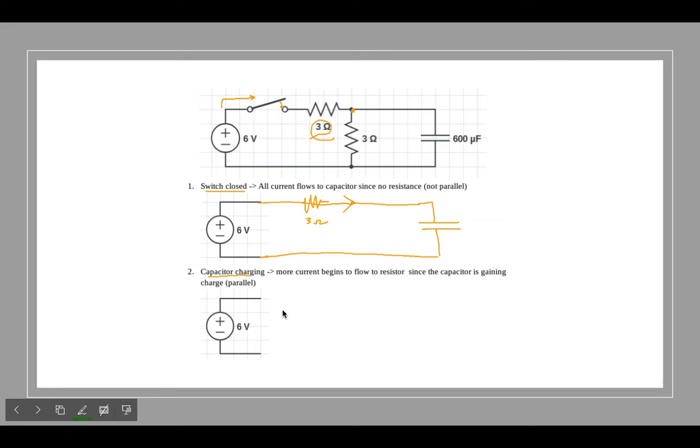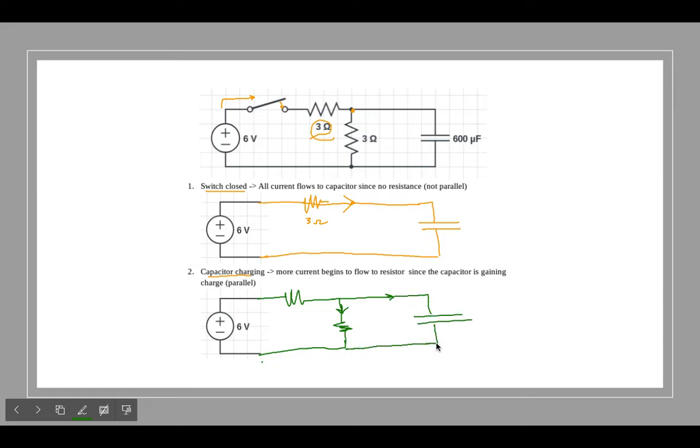Then as time goes on, what's going to happen? This resistor is always here, and the current is going to have a choice. Some of the current's going to go down, some of the current's going to go that way. It's going to keep flowing to this, but slower and slower, right?